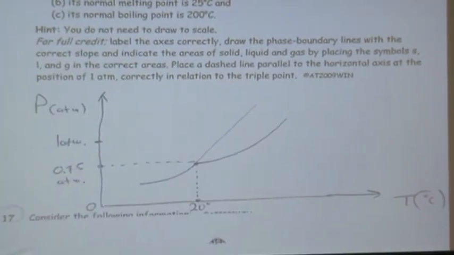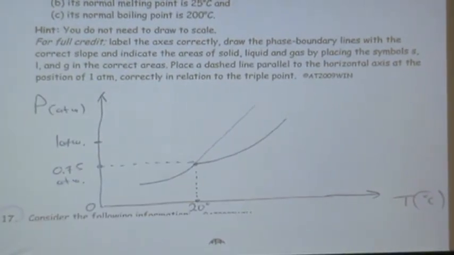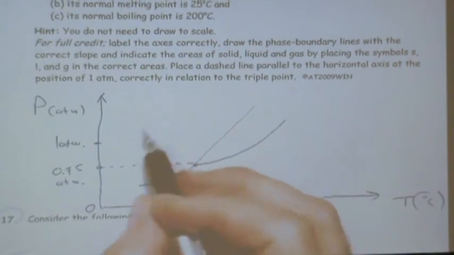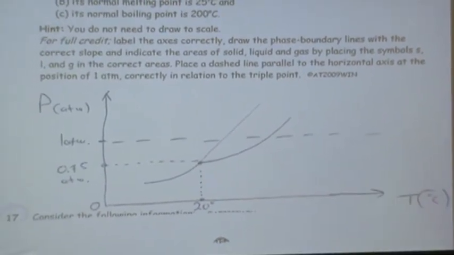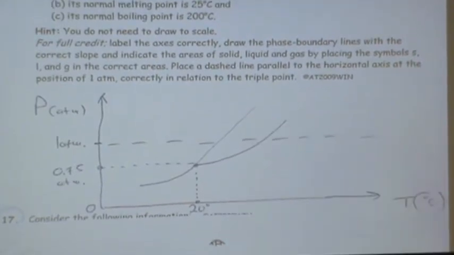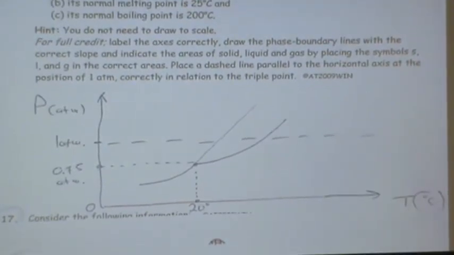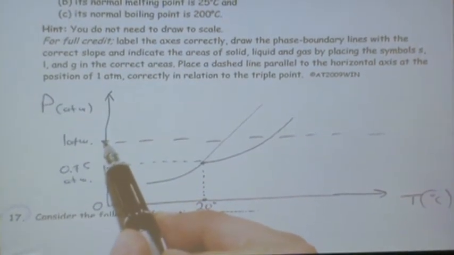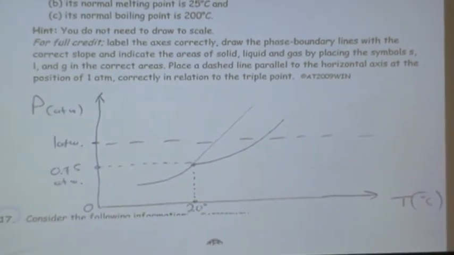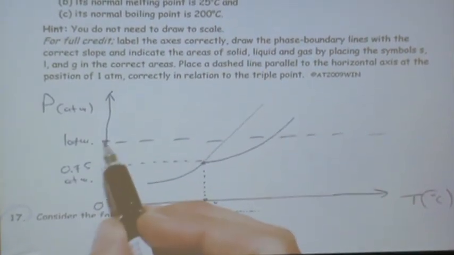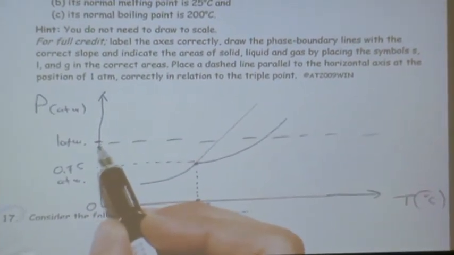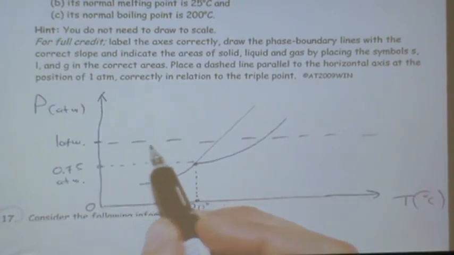And if I want to find out melting point and boiling point, I will have to do what? Draw a line, right? And wherever that line meets these two curves will give me the normal boiling point, normal melting point under external pressure of 1 atmosphere, right? So boiling point tells me it's how much? 200. So at 1 atmosphere external pressure, that will give me the normal boiling point.